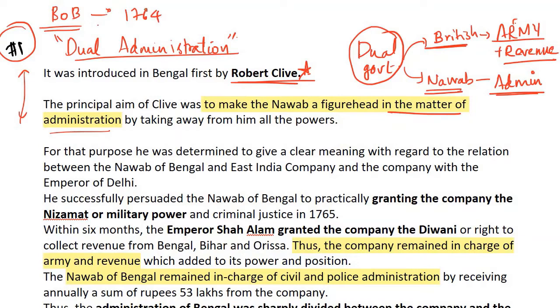That is 23rd October 1764, and it was the English versus the combined armies of Mir Qasim, who was basically the Nawab of Bengal till 1764, and the Nawab of Awadh Shuja-ud-Dawla, and also the Mughal Emperor Shah Alam II. So it was them versus the English, the English forces were led by Hector Munro.